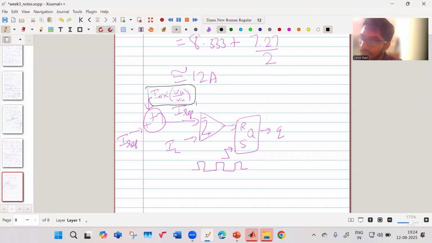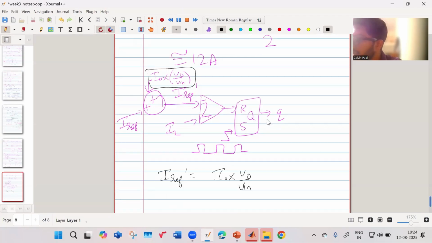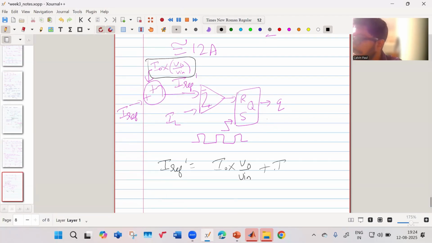Ideally, your IREF dash is equal to I output into V output by V in, plus IREF. So this is already your IL average. Now your IREF, which you need to provide from your controller, should be just delta IL by 2. And your controller will adjust it, because PI or PID will be there.